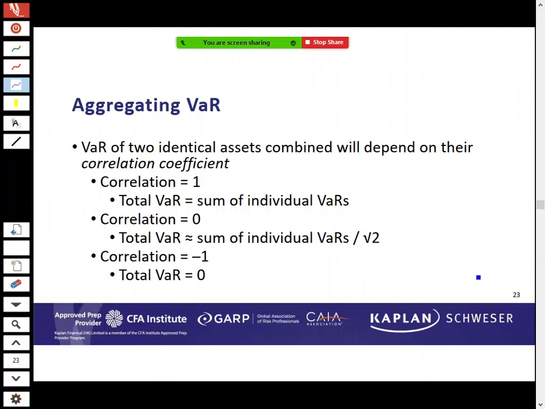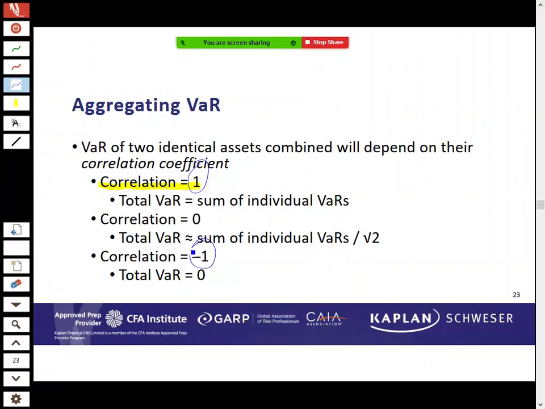And very simple, when we talk about correlations, it could be perfectly positively correlated, which means the correlation coefficient is 1. On the other side is -1. So we have to make sure that we understand this relationship.